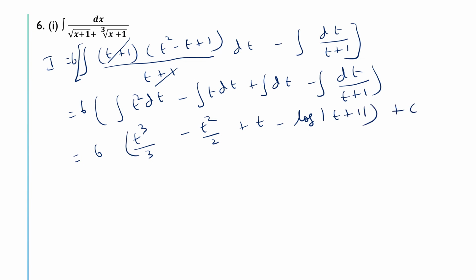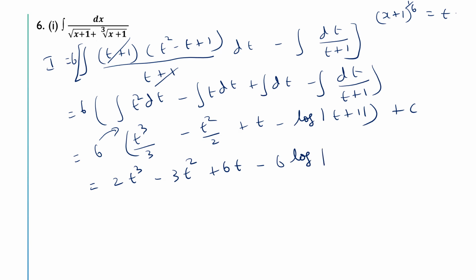plus c. Initially we have taken x plus 1 the whole raised to 1 by 6 as t. So that we can substitute here. But first let us bring the 6 inside and then we will substitute. So this will be equal to 2t cube minus 3t square plus 6t minus 6 log mod t plus 1 plus c.